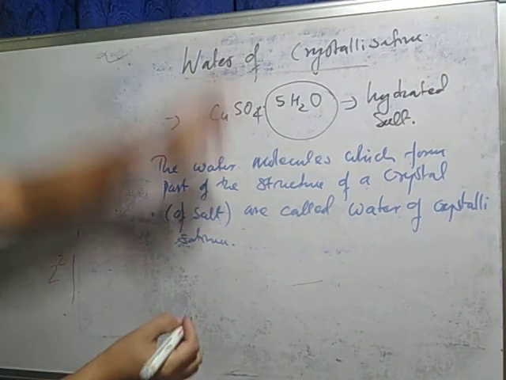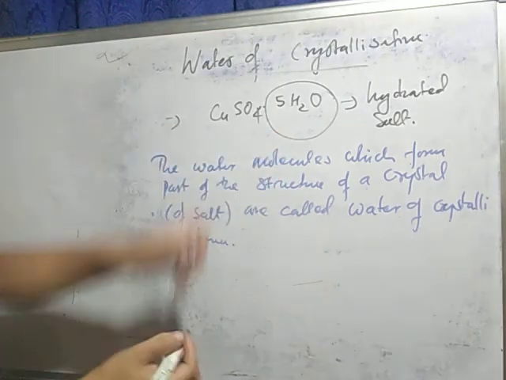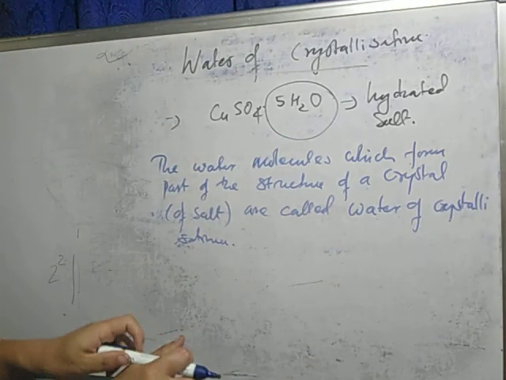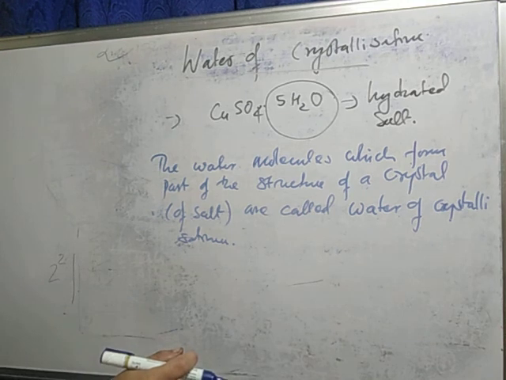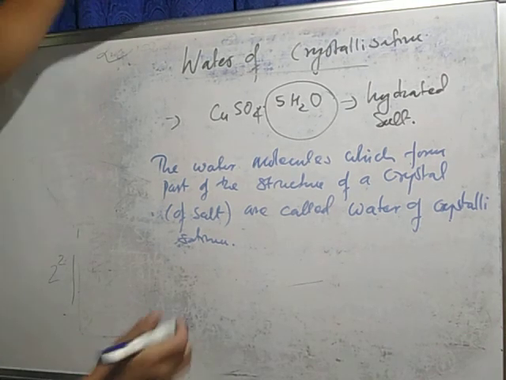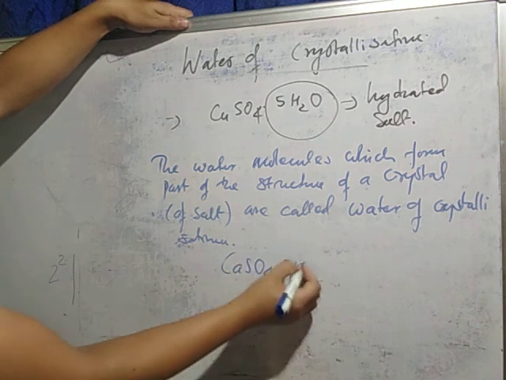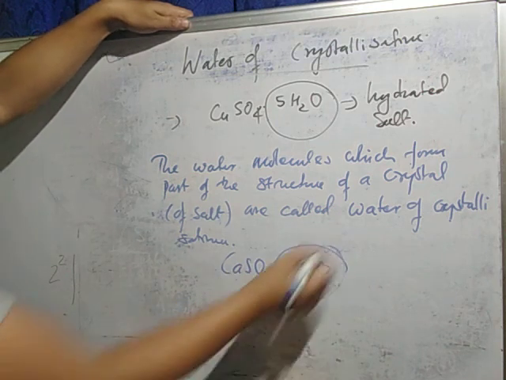So different salts have different amounts of water in their crystal. Let us take some examples. Let us take gypsum, CaSO4 2H2O. So this is your water of crystallization.